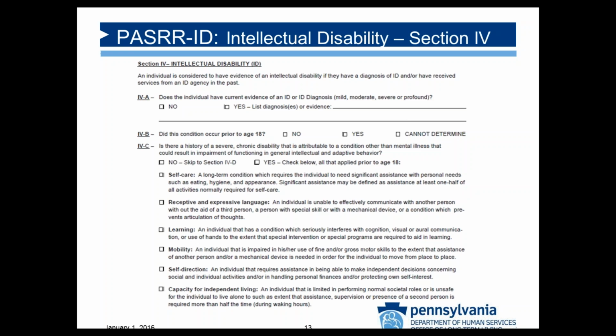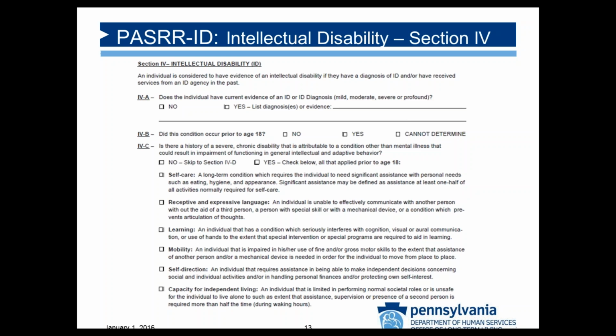Okay, so let's go on to the ID section. There's not been as many questions here because this section really didn't change much. We're still looking at whether or not there is a current evidence of an ID or an ID diagnosis. And it can be mild, it can be severe or profound, and just simply yes or no. And then we need you to list the diagnosis or the evidence of the diagnosis.